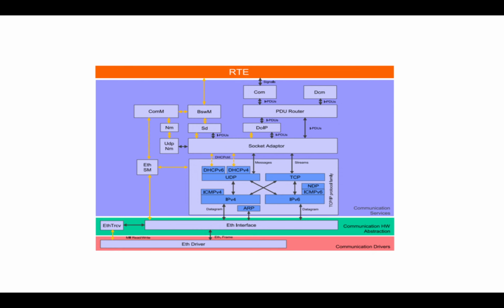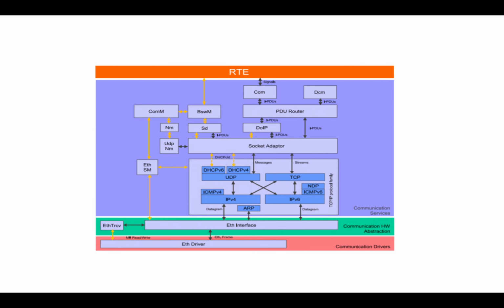And above in the PDU router, it will have a routing table where the source and destination information will be present. And in the DCM, as usual, all the DSL, DSD, and DSP, like the buffer size information and paging information, or the DID, RID, PID, all these related diagnostic configurations need to be done, and service table configuration, all those things would be done there.